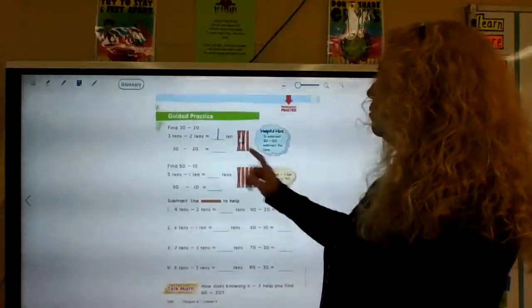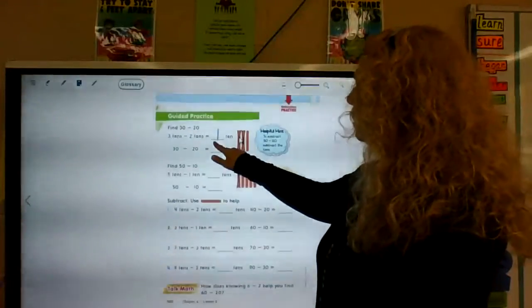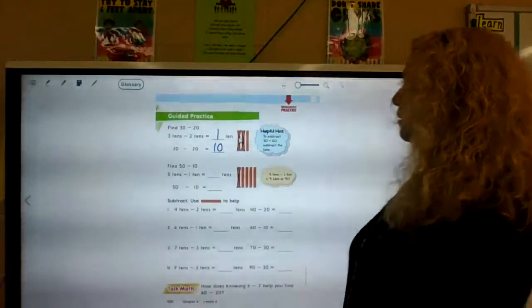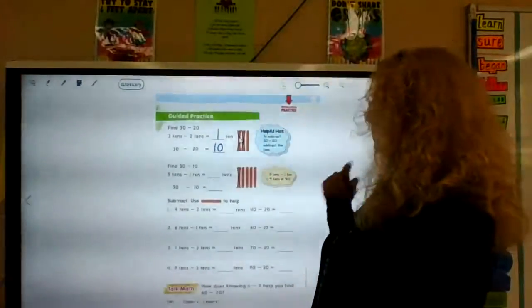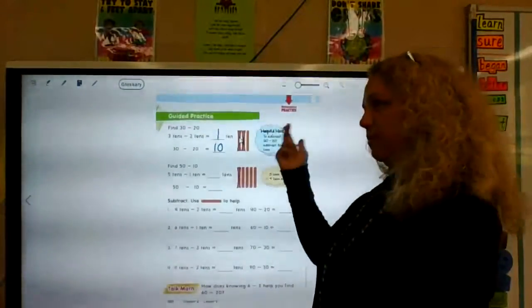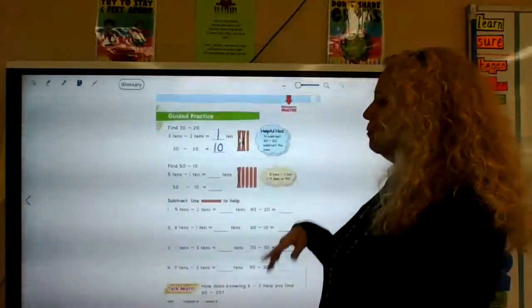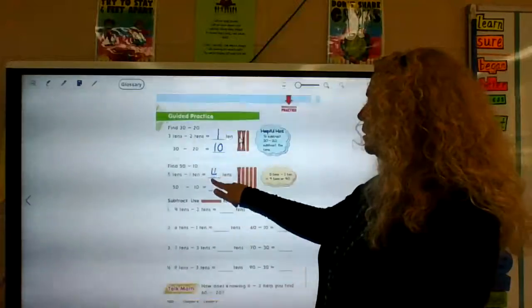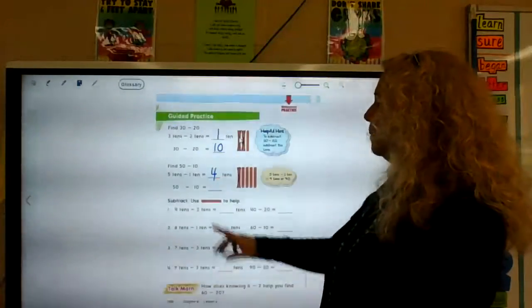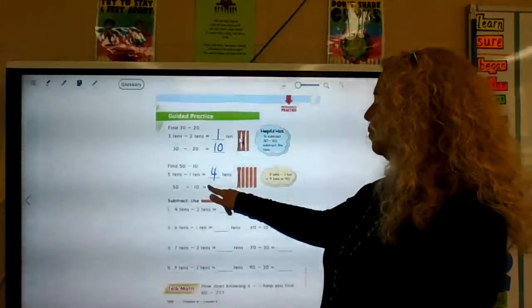Leaves 1 in there. So 30 minus 20 equals 10. 50 minus 10. Okay? So think of it as 5 tens minus 1 ten. What's 5 minus 1? 4. 4 tens. So 50 minus 10 equals 40.